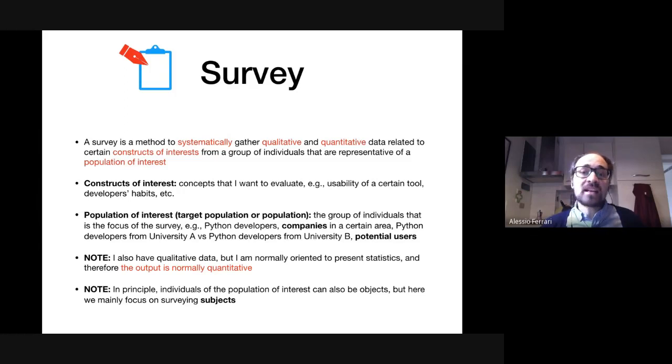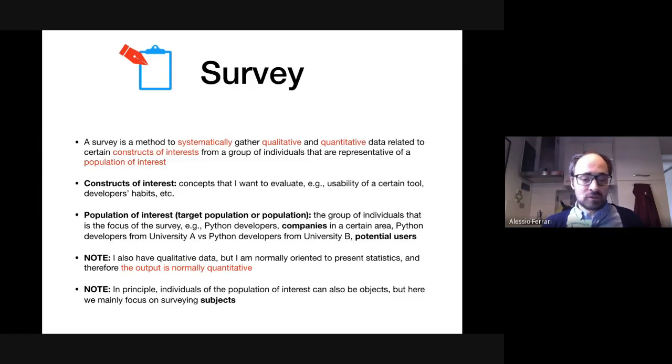Still, you may need some strategies from the qualitative data analysis world, and in particular from thematic analysis and grounded theory, to transform your qualitative data, so your answer in free form, into so-called codes, so in some form that can be counted, that is nominal and can be counted. We will see examples throughout the presentation.